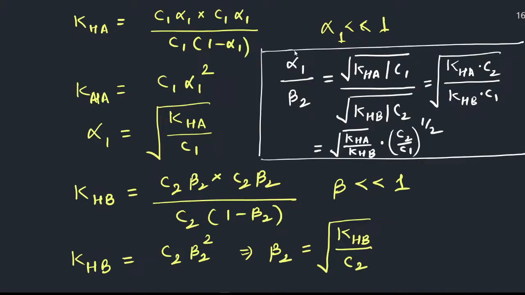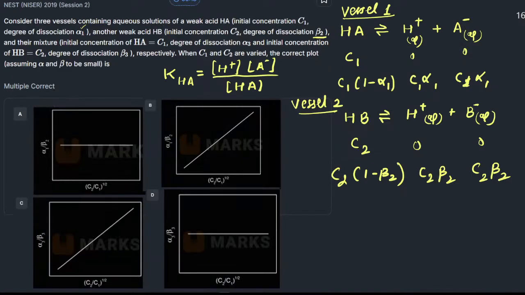So if we plot alpha 1 by beta 2 versus square root of C2 by C1, tell me out of A and B which option is correct.